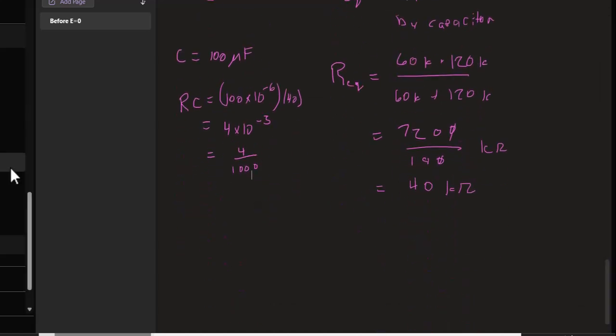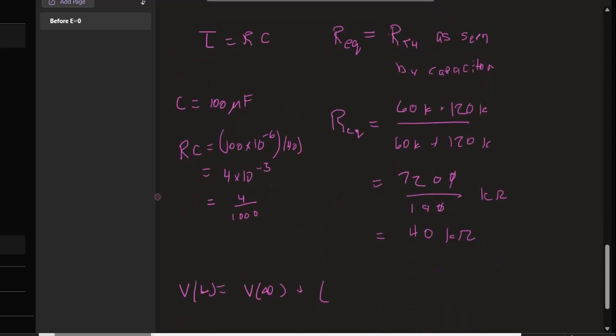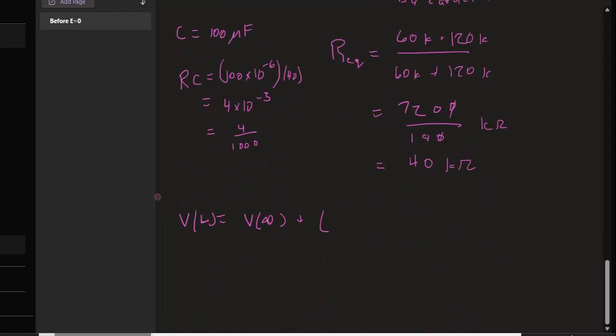So I have v at time t equals v at infinity plus v at 0 minus v at infinity times e to the minus t times 1 over tau. So what I always do is I just get 1 over tau instead of tau.